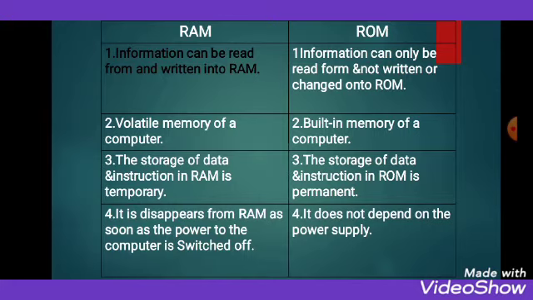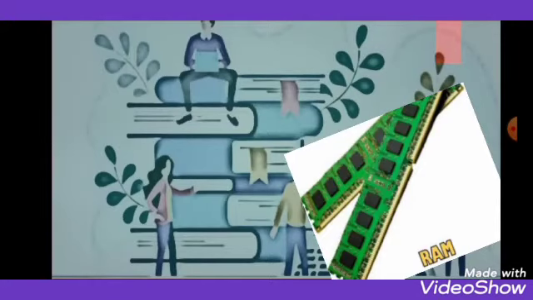Number 4: data disappears from RAM as soon as the power of the computer is switched off. RAM totally depends on electricity support. If your electricity is off, it will be off, whereas ROM doesn't depend on the power supply. That means once you save your information in ROM, it need not depend on the power supply.